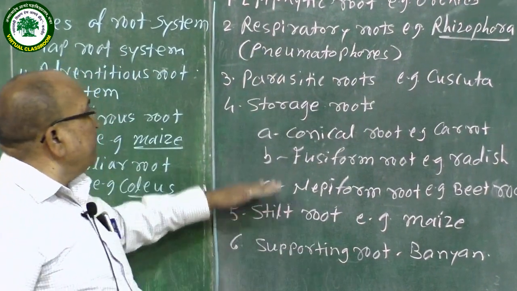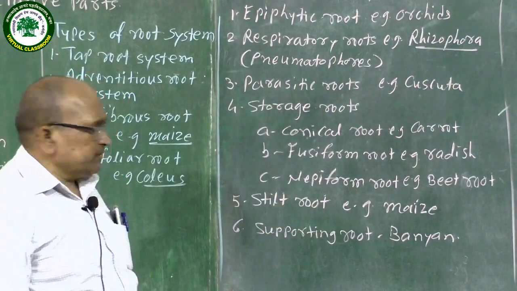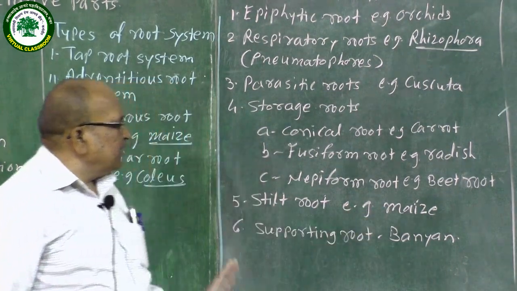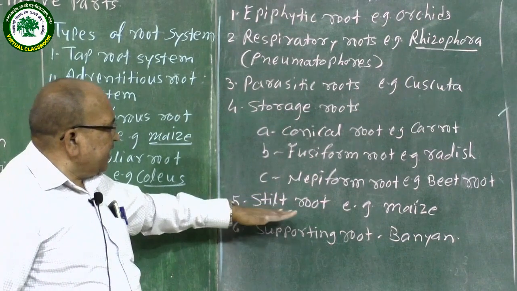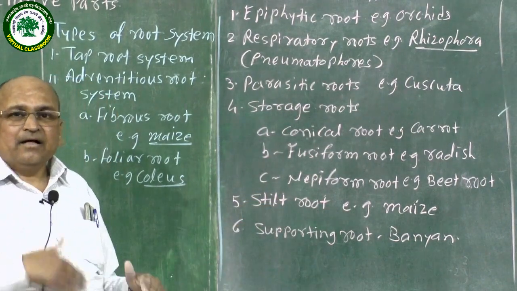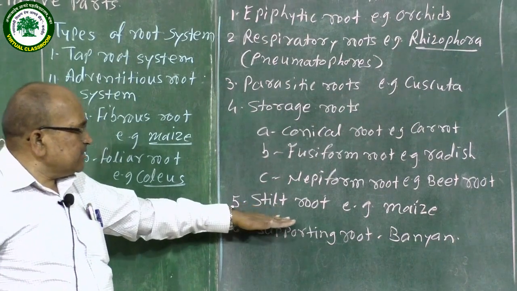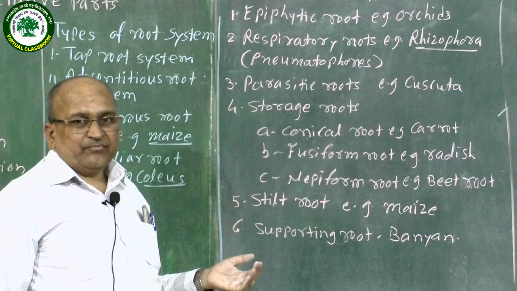नेक्स्ट टाइप ऑफ मॉडिफिकेशन्स, स्टिल्ट रूट. Example Zea mays or maize. Stilt root is an adventitious type of root. Generally it is found in members of the family Gramineae.